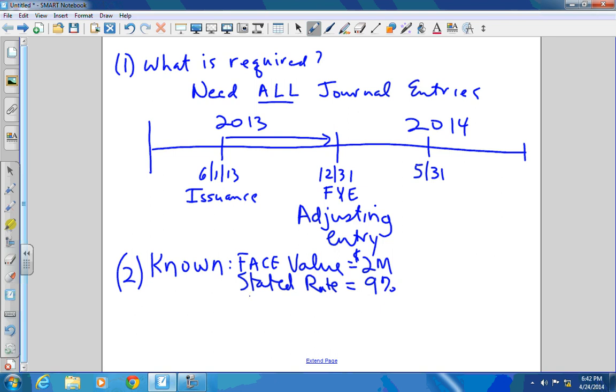And we know the effective rate, and the effective rate is 10%. And we know the dates, right? So the date is June 1st. That's the issuance date, and May 31st, right? That is the payment date.